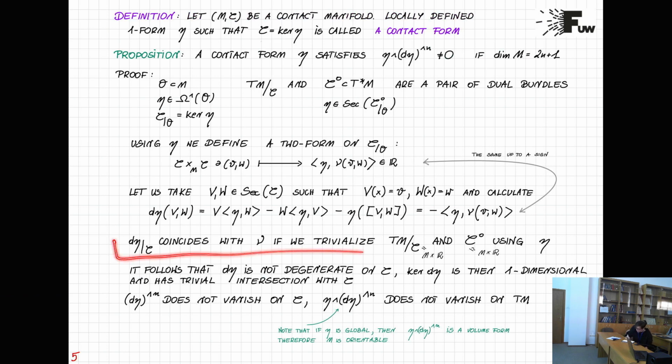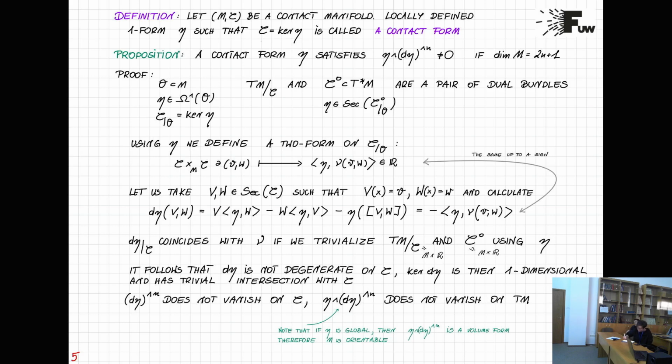Okay, so this is the conclusion. The differential of eta restricted to the contact distribution coincides with our two form, which is part of the structure, when we trivialize. So from that it follows that since that thing was non-degenerate on C, the eta is also non-degenerate on C.